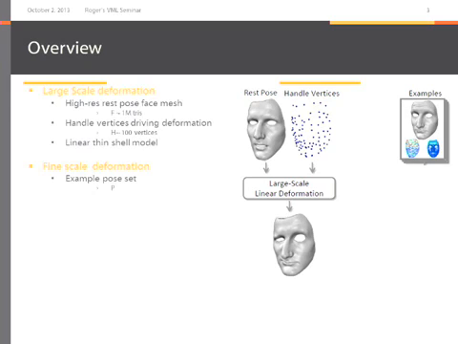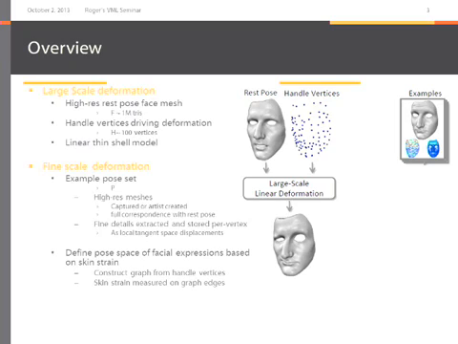Then in order to do the fine scale deformation, they first need some example pose set. These example poses are done by a few high-resolution meshes, which have these fine details. These fine details are extracted from them. First, the rest pose with no details is matched to this pose. Then the displacement between this large scale and the fine details is stored in some kind of tangent space displacements.